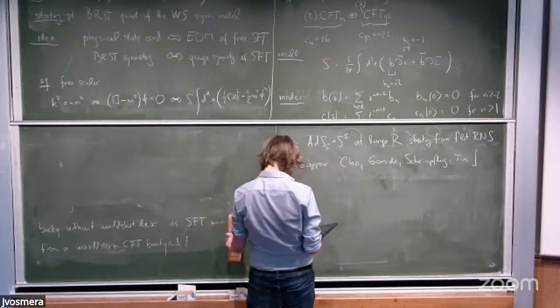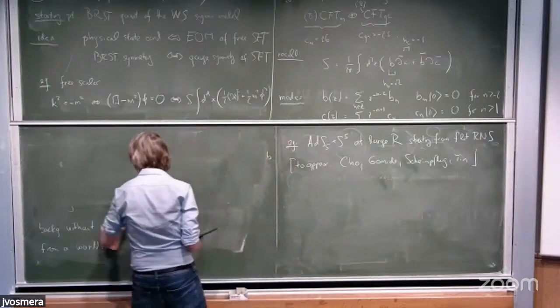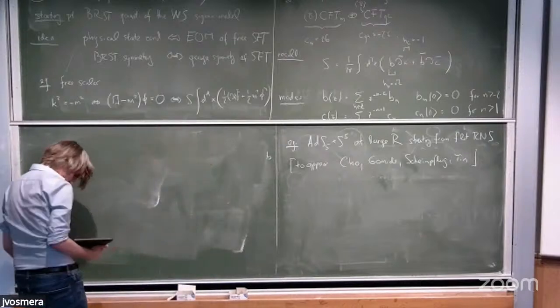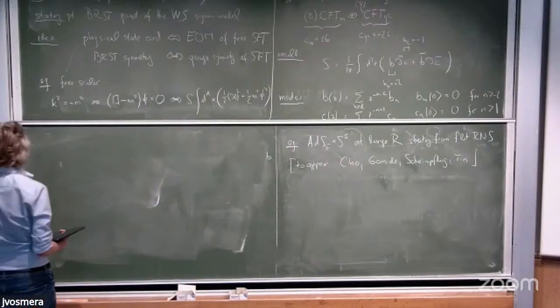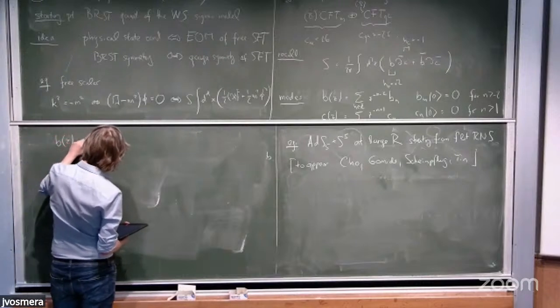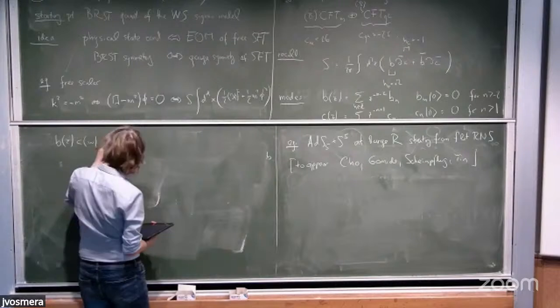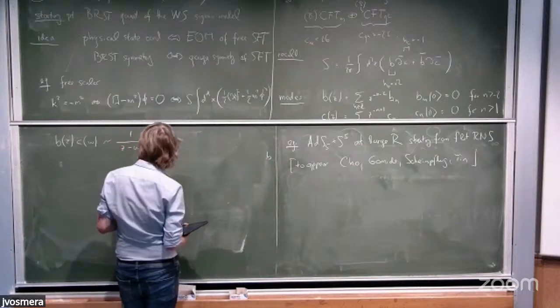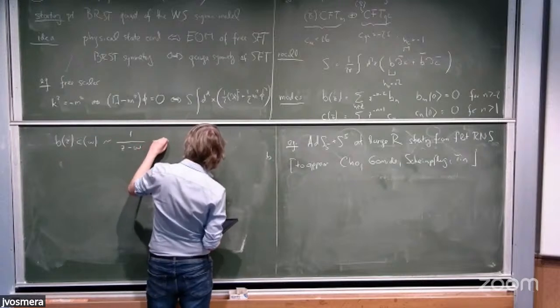So then, in order to be able to compute correlation functions in this CFT, you have to know what the OPE of these two fields is. So the OPE of B and C is just 1 over z minus w plus regular terms.